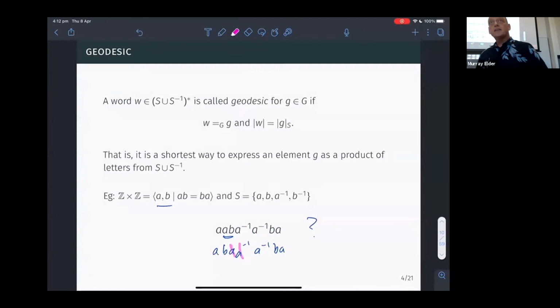This is the kind of rewriting that's not length reducing. So this group is not hyperbolic because I'm not giving you a Dehn algorithm, and it's not virtually free because I'm not giving a rewriting system to push you all the way down to the identity. Anyway, the answer is no, that's not geodesic.